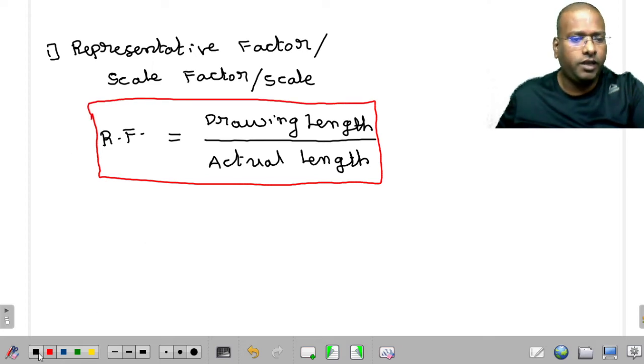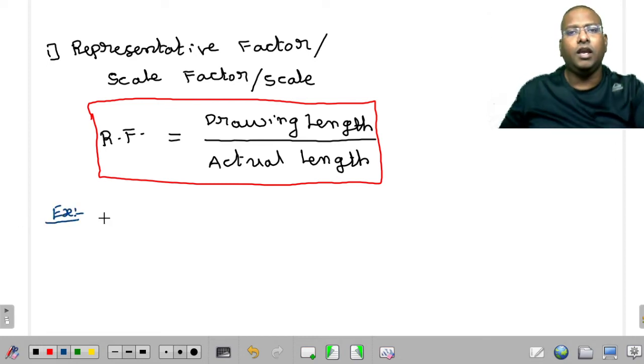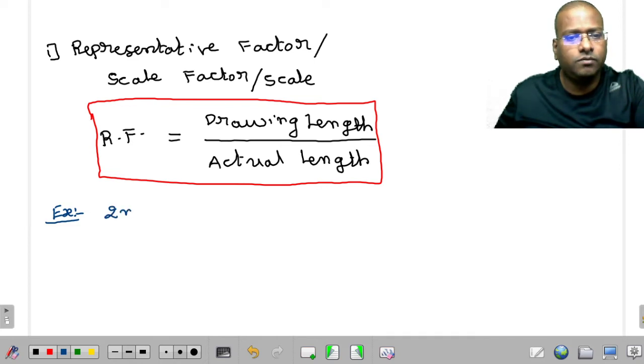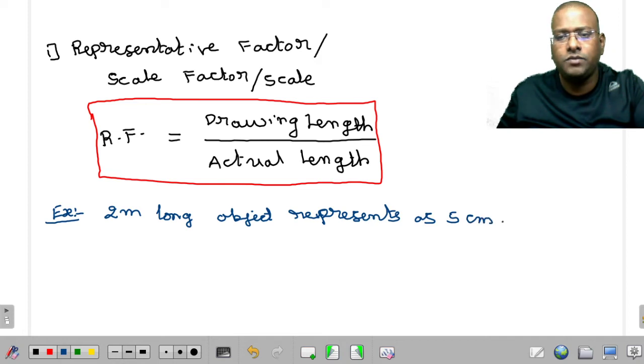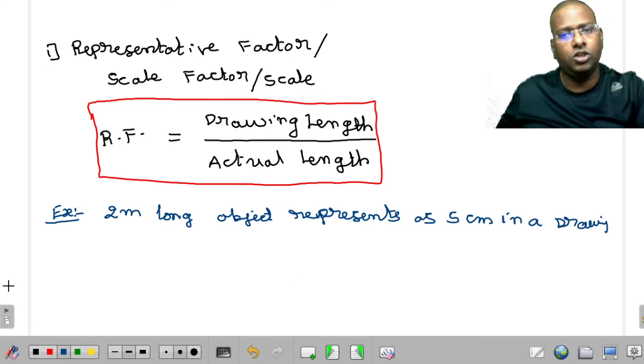Now take an example. For example, a 2 meters long object is shown as 5 centimeters in a drawing.